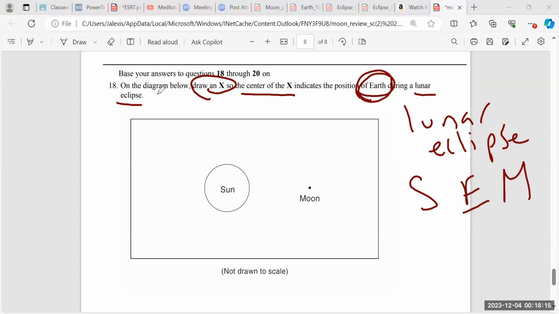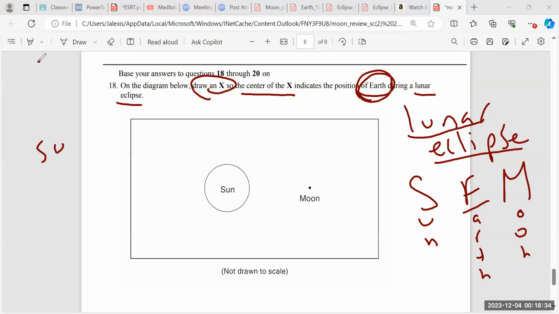S-E-M, SEM, right? Where the sun and the moon and the earth is between them both. So in a lunar eclipse, the earth has to be between the sun and the moon.